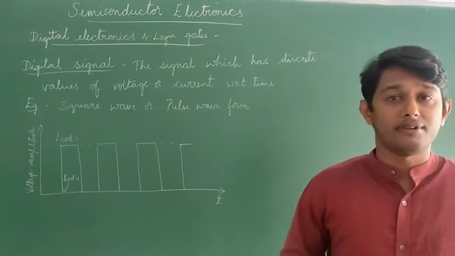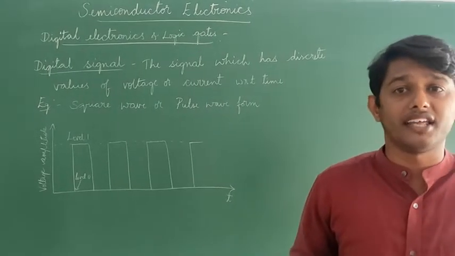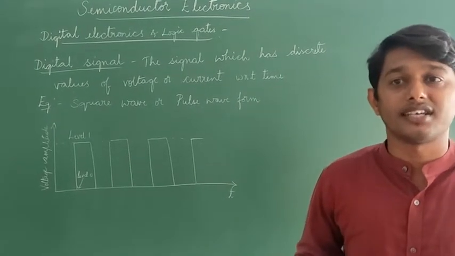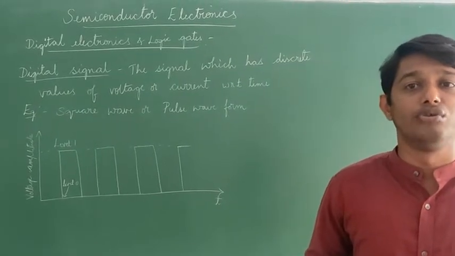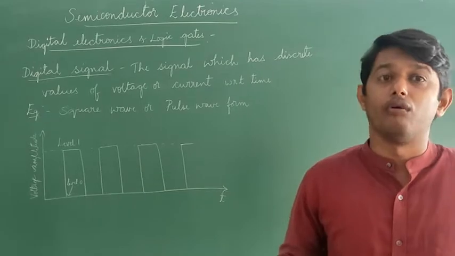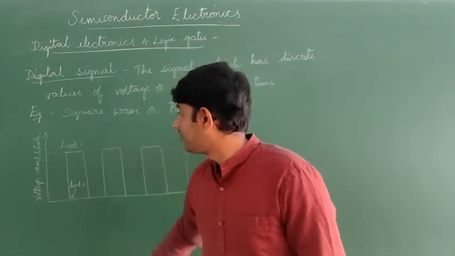It is convenient to use binary numbers for representing such signals. A binary number only has two digits, 0 or 1. Here this point is 0 and this level is 1.